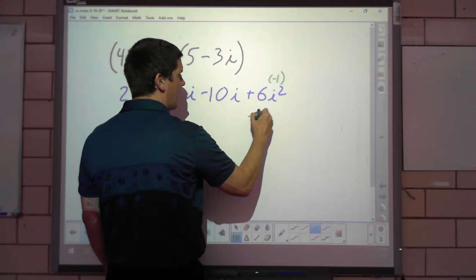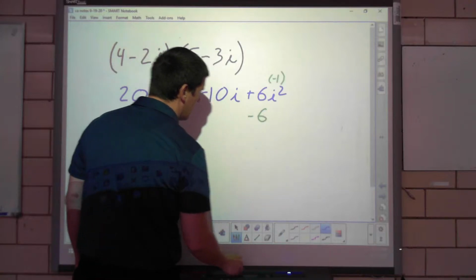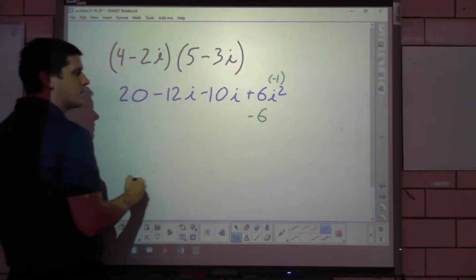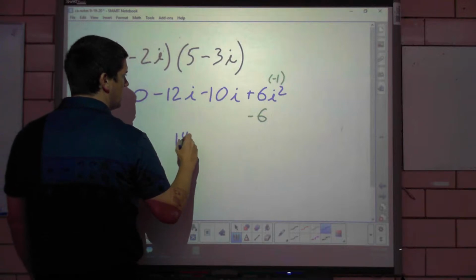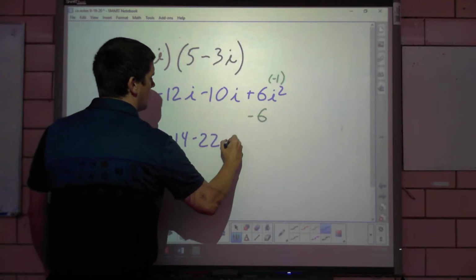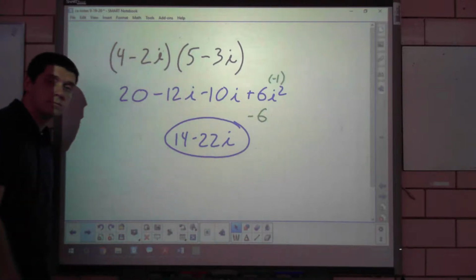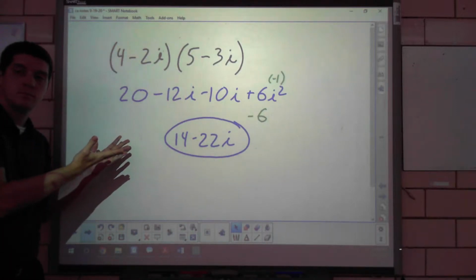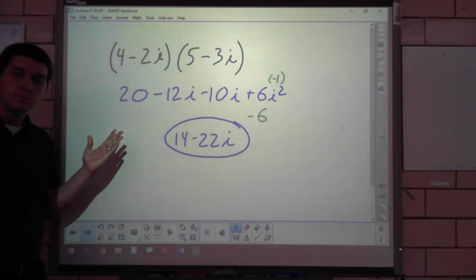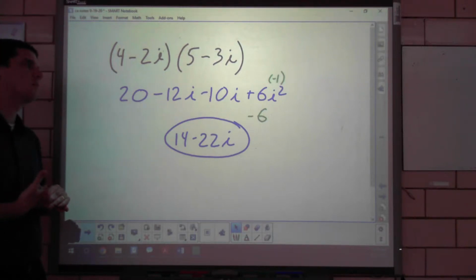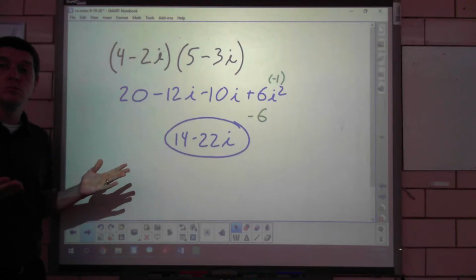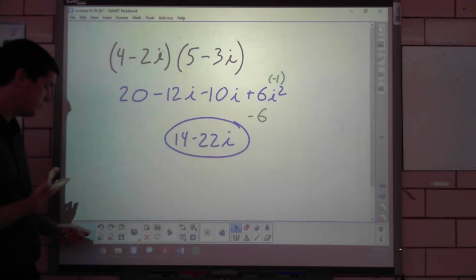So that means I'm going to have a negative 6 right here. So 20 minus 6 gets me 14 minus 22i. Ta-da. Nothing new, just different.